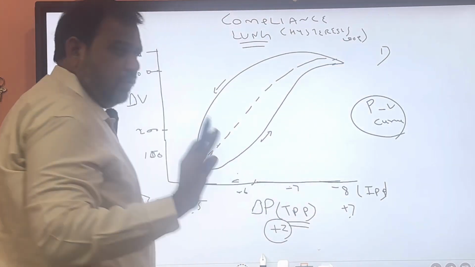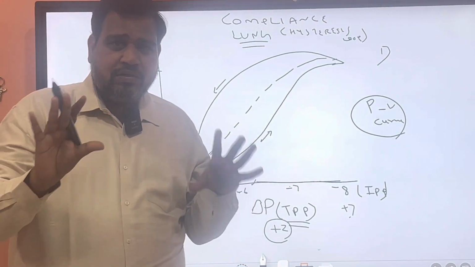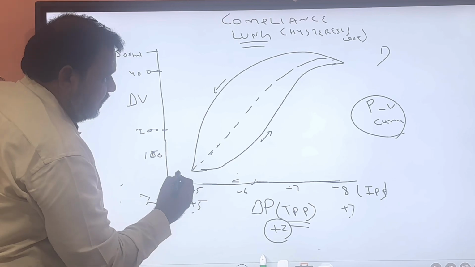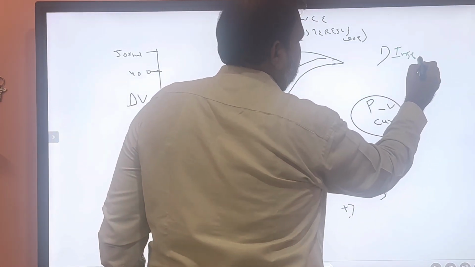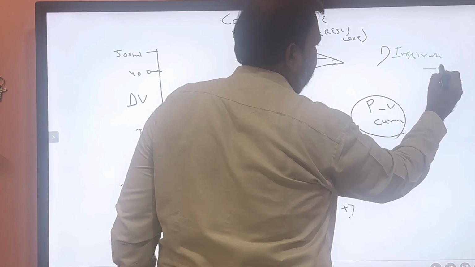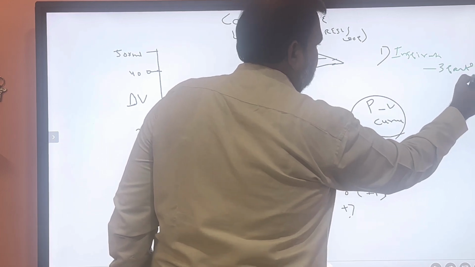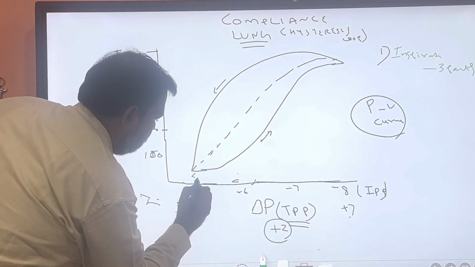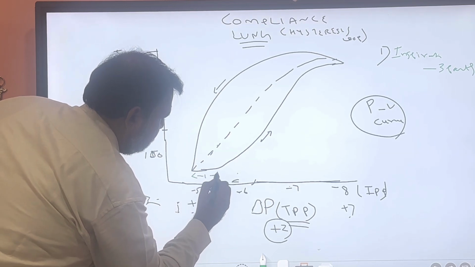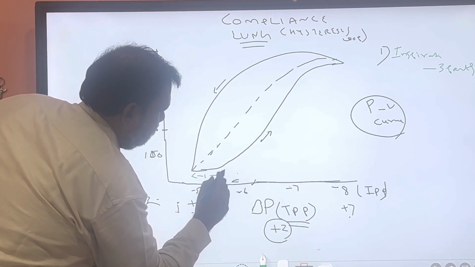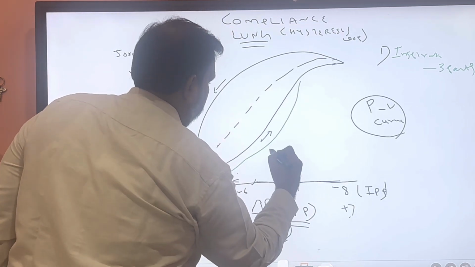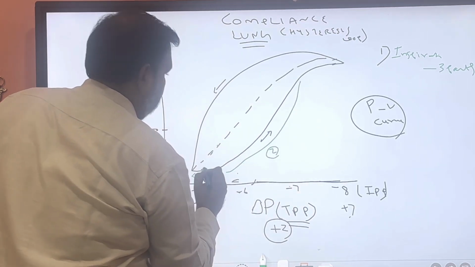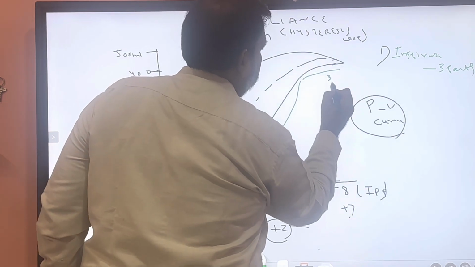So, now I want everyone to concentrate just to see here. Now I am going to explain only about inspiration. The inspiration curve has 3 parts. Just concentrate. First part, second part, third part.